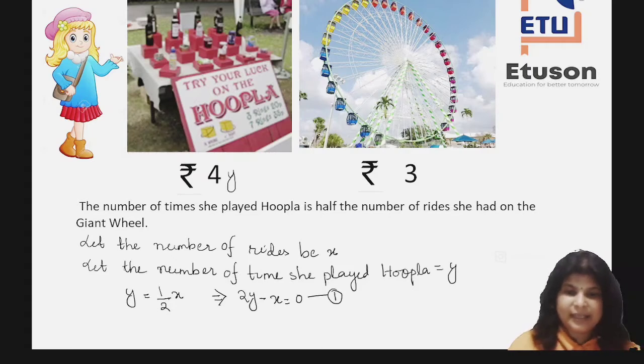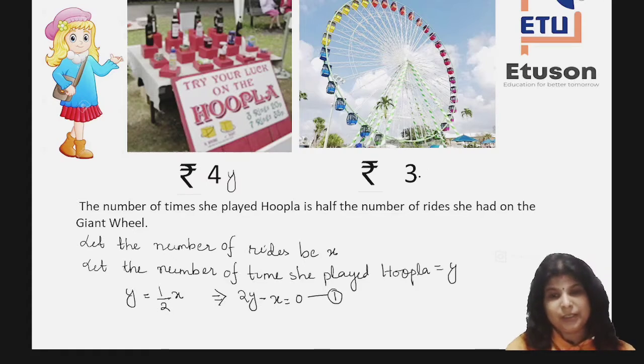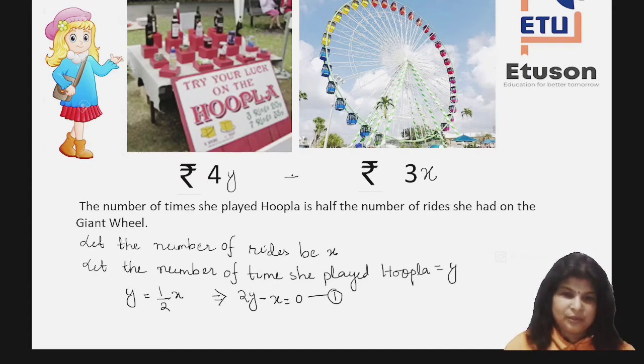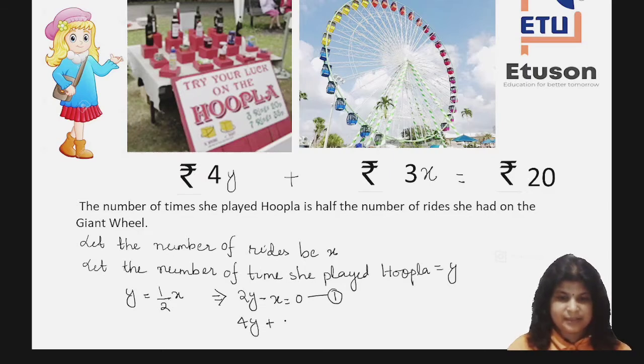It is x. So what will be the total money she will spend on the giant wheel? That is 3x. The sum of these is equal to rupees 20. So your next equation is 4y plus 3x is equal to 20.